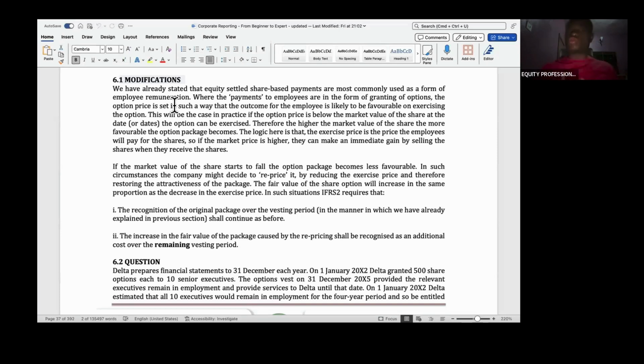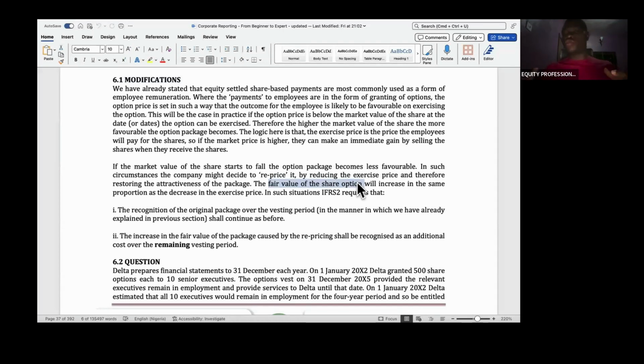When they do that, it has an effect. When they reduce that exercise price, it is going to increase the value of that option. That option becomes attractive again. By so doing, the fair value of the share option will increase.